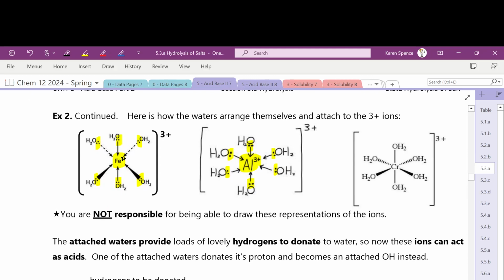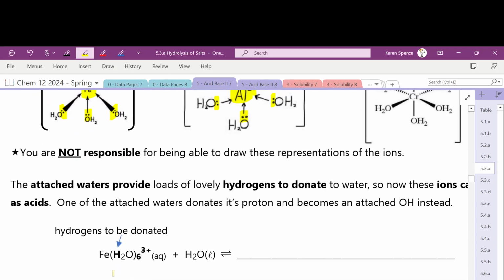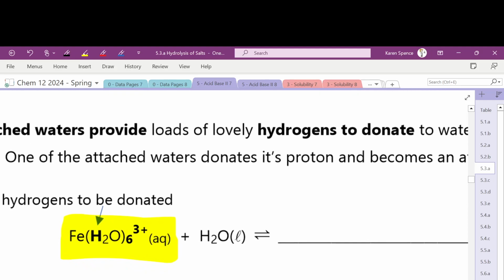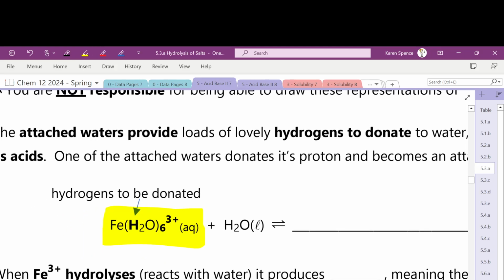And what can happen is we ask, can this act as a base? No, it cannot accept a hydrogen, but can it donate a proton? Well, now that it's got this water, there's lots of hydrogens to be donated right here.